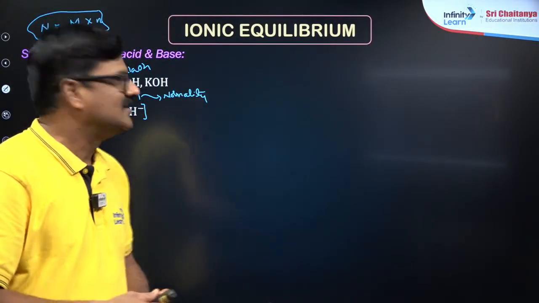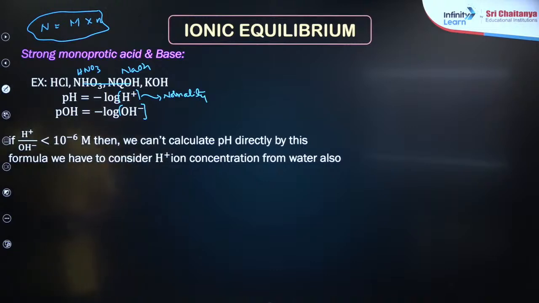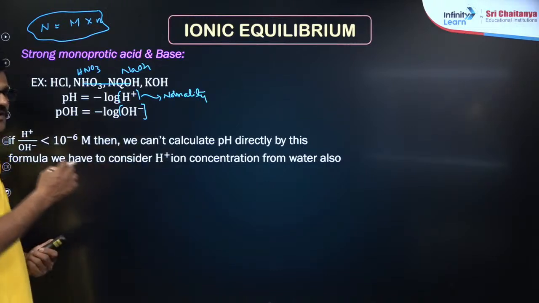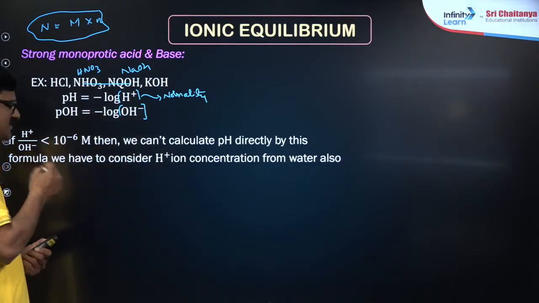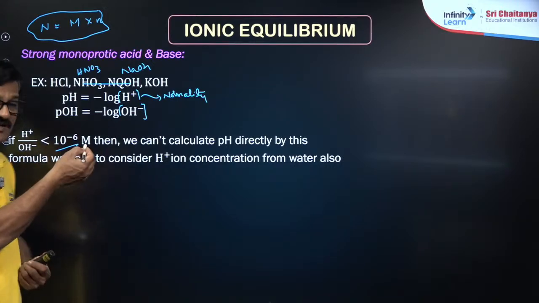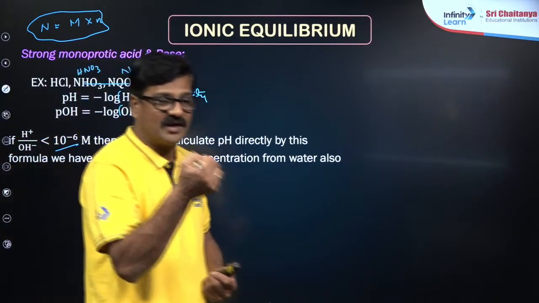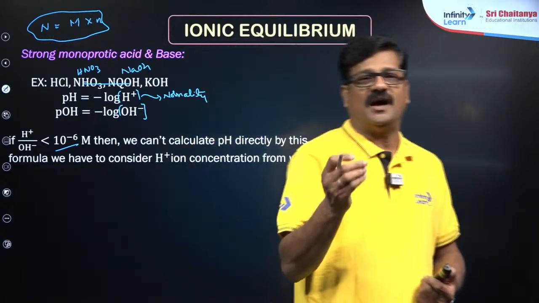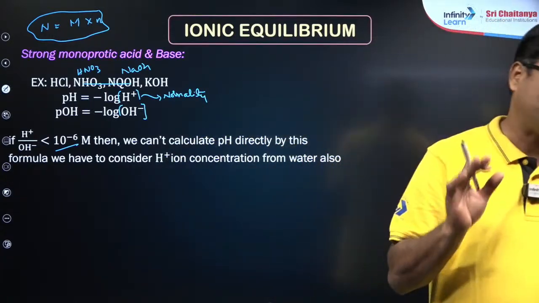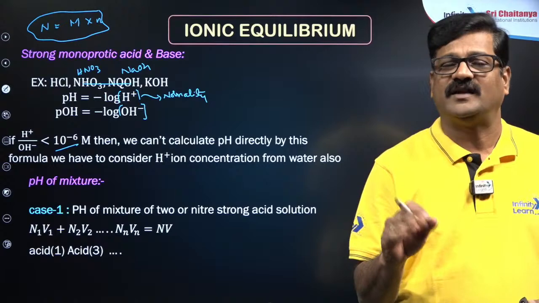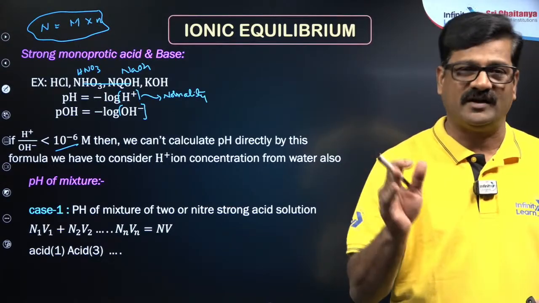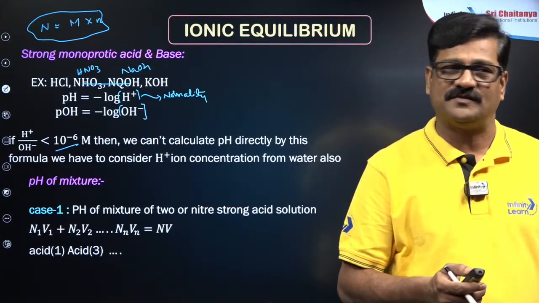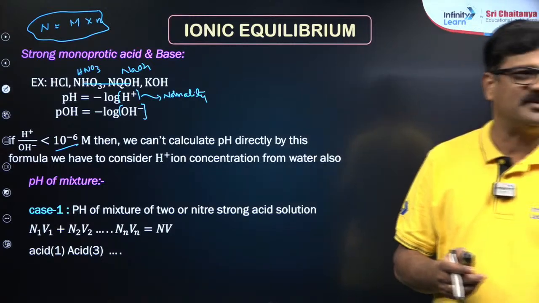Nandu, fine. Now, if the H plus or OH minus concentration is less than 10 power minus 6, then you consider the ionization of water. If it is greater than 10 power minus 6, then you can take the concentration of the acid or base. That is a simple method.